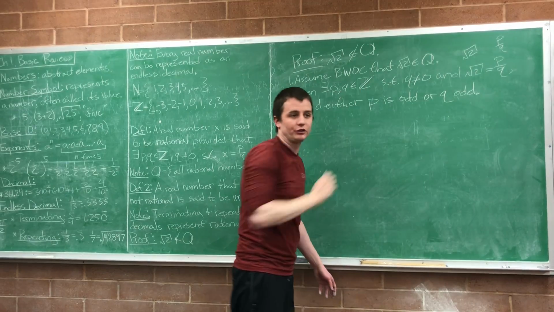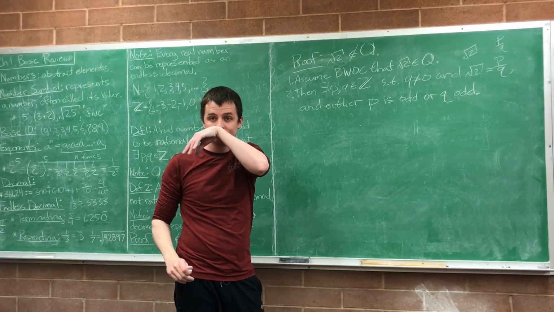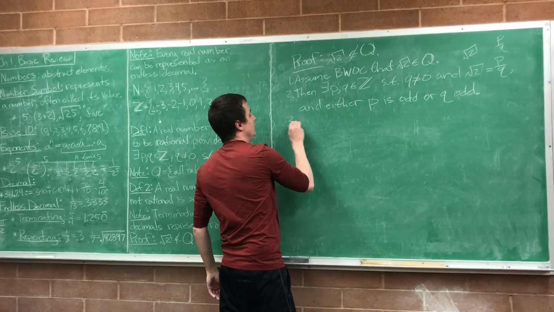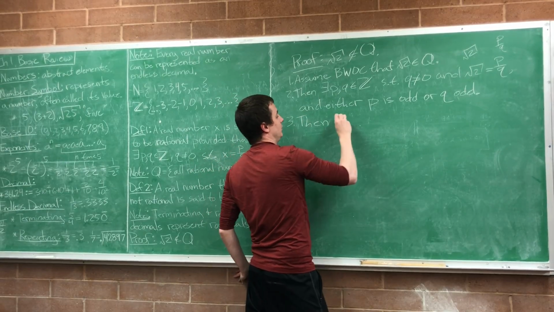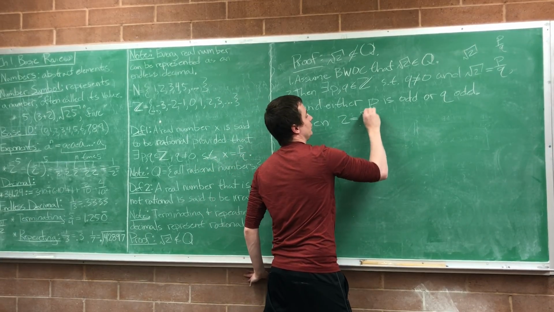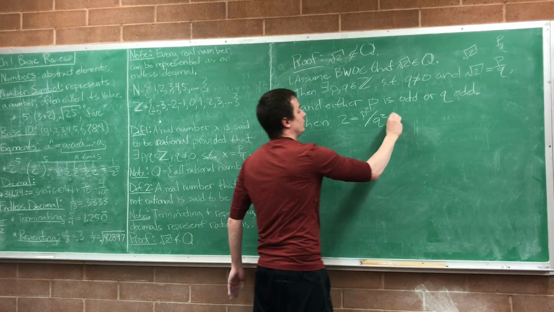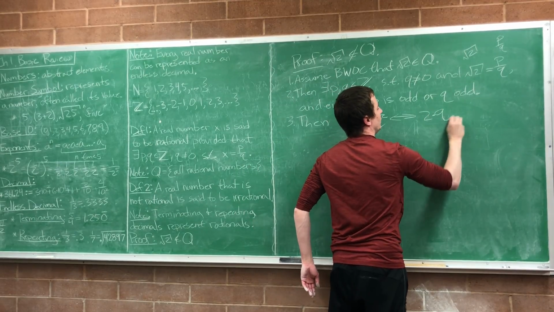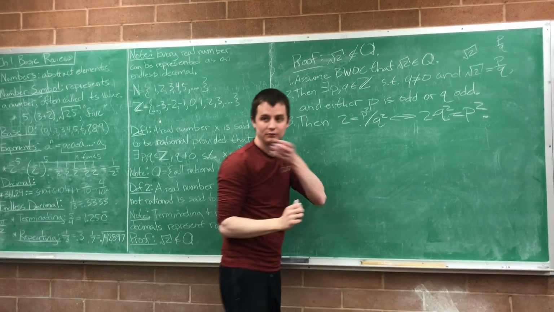If they're even, we can just keep reducing until one of them is odd. You with me so far? Yeah. Okay, 3. Now multiplying both sides by the square root of 2, then 2 is equal to p squared over q squared, right? Which is the same thing as 2 times q squared is equal to p squared. You with me?